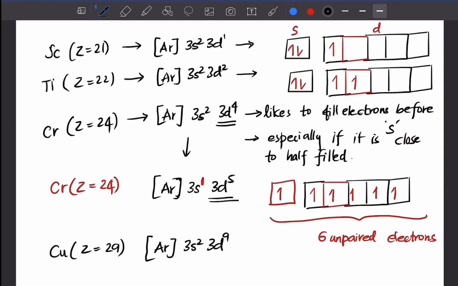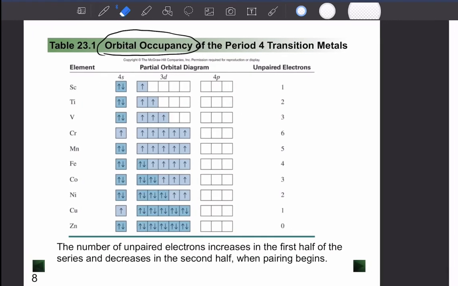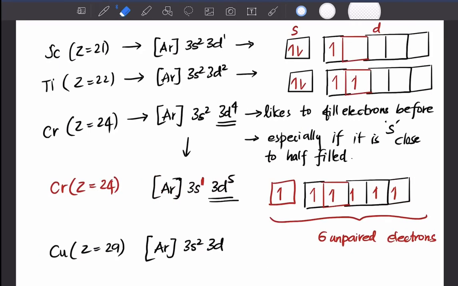But it has only one electron left to fill in the d orbital.